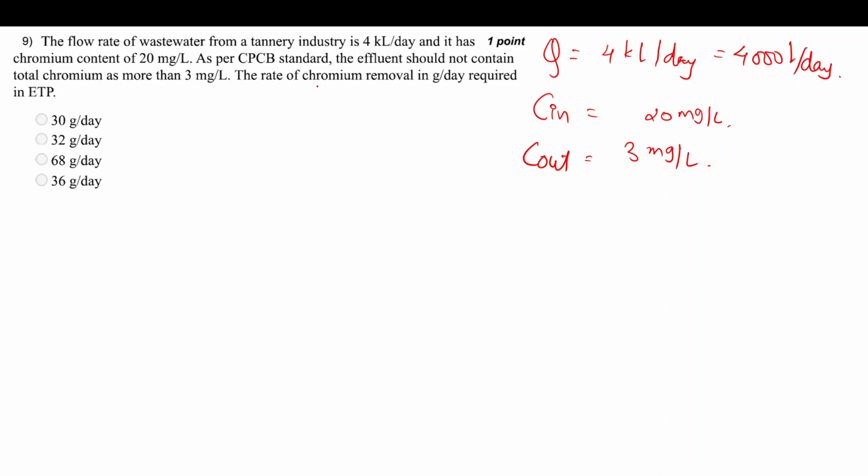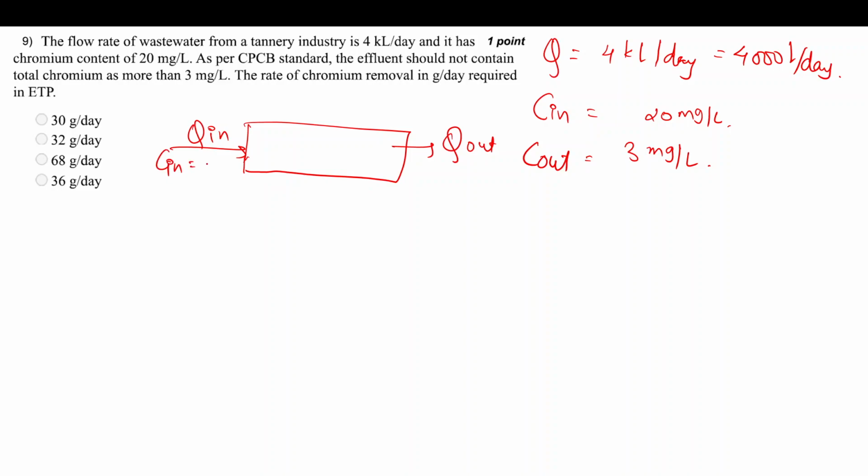Then, what is the rate of removal of chromium in grams per day required in ETP? Actually, you just need to find out the amount of chromium removed. If we check the process, what is happening? Q in, and considering an equilibrium process, Q in and Q out are obviously the same.